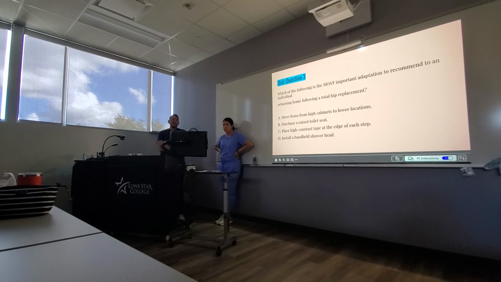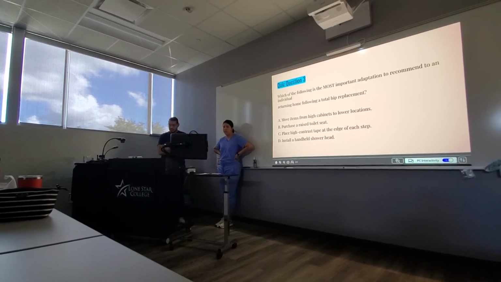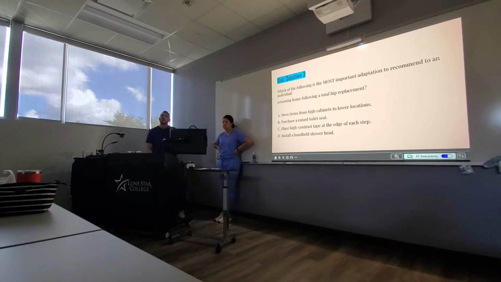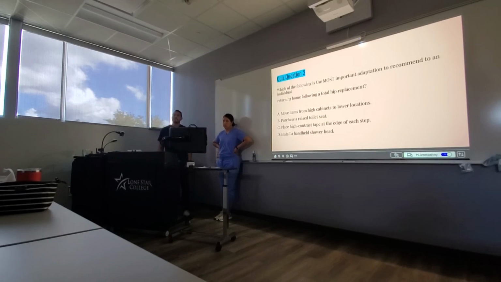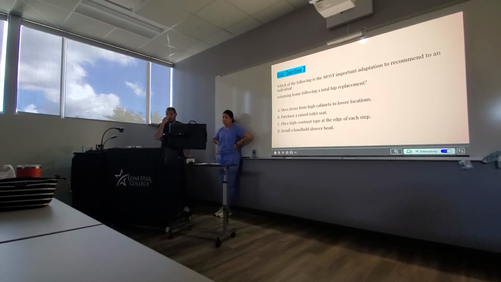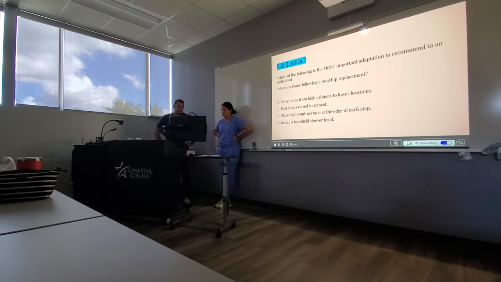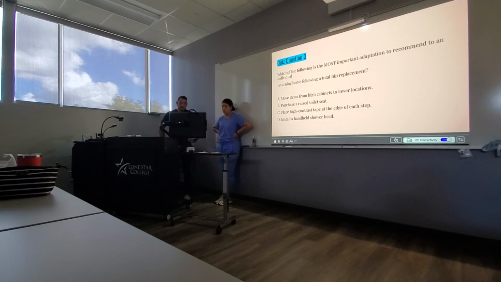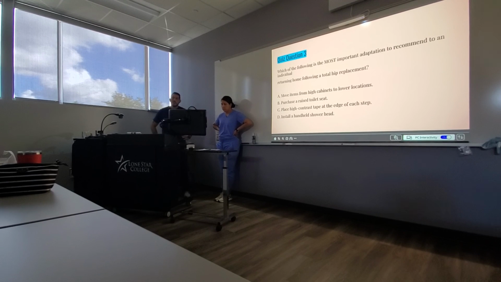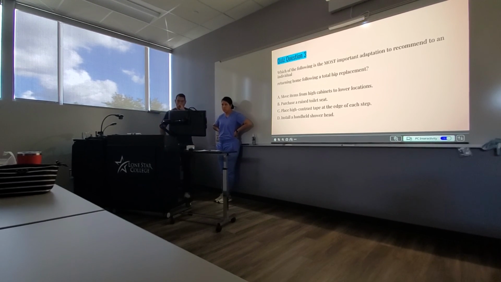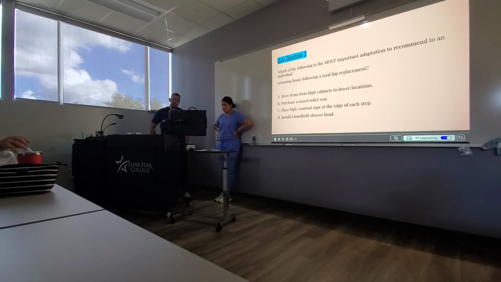And it is the most important. Then you take a look at A, B, C, D. And you're right, isn't the raised toilet seat more important than who's in the cabinet? I can see between B and D, you know how you get down to two answers? And they both look good, and install a handheld shower head.